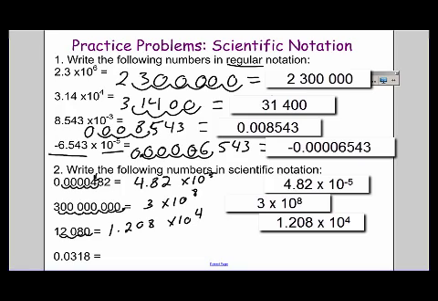And then our last one, again, put your pen or your pencil on the decimal point, move it over so it's after the first significant number. 1, 2. So our new number is 3.18 times 10. We moved it over 2 spots. We started with a very small number, so we know that our exponent is going to be a negative.